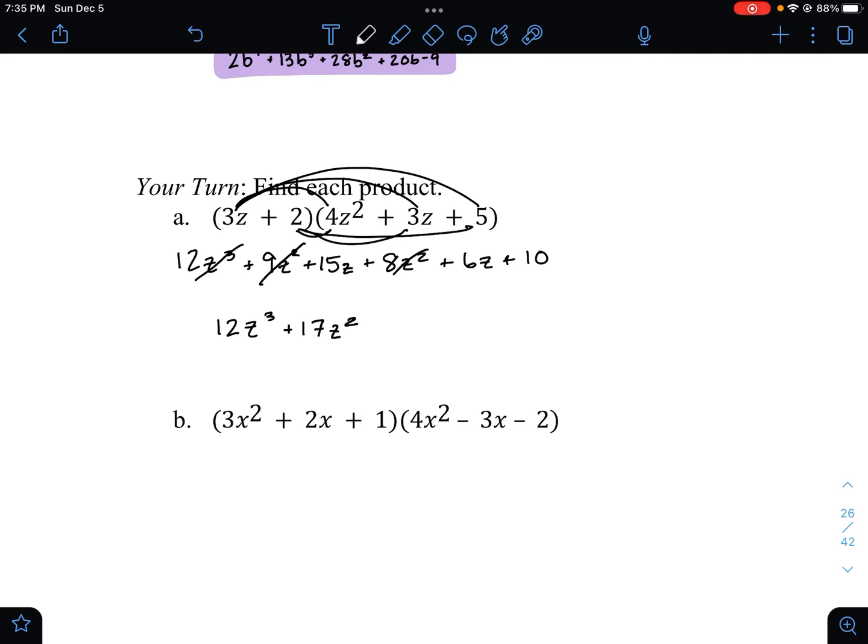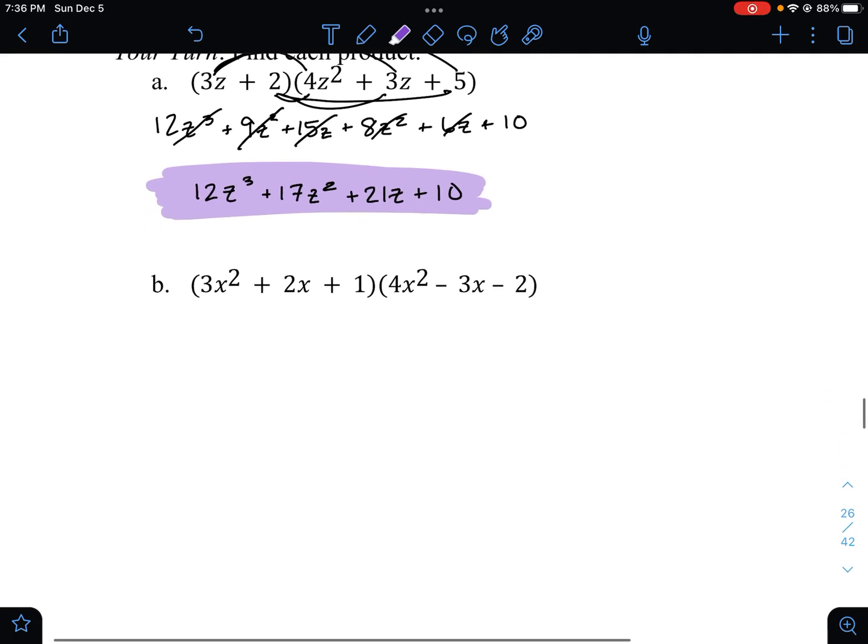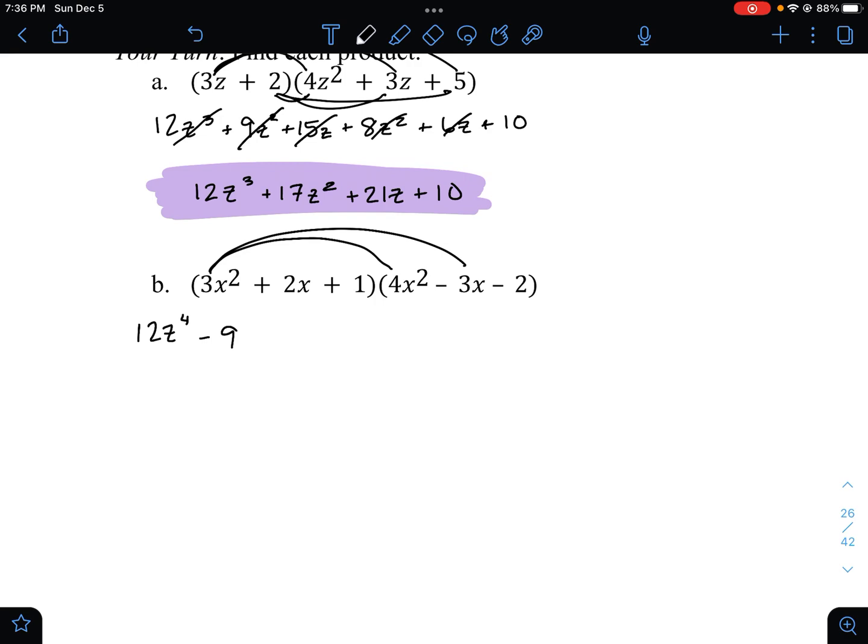I'm not doing this one very well. Oh my gosh, why am I writing these?